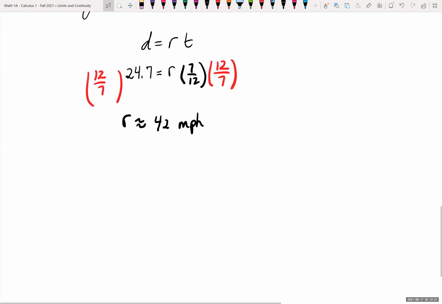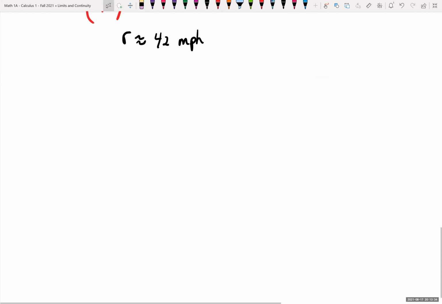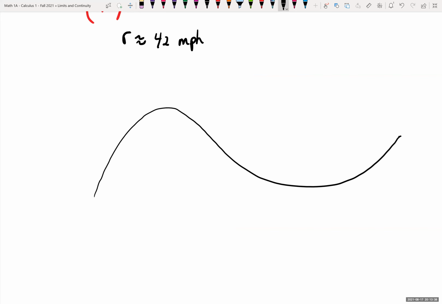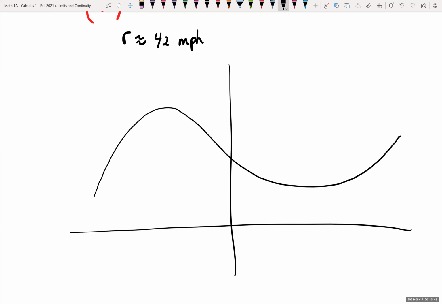So average rate of change, we think of it as a slope between 2 points. So maybe let's say that I have some function here. And I wanted to find, I'm just going to draw a random picture of some function here.